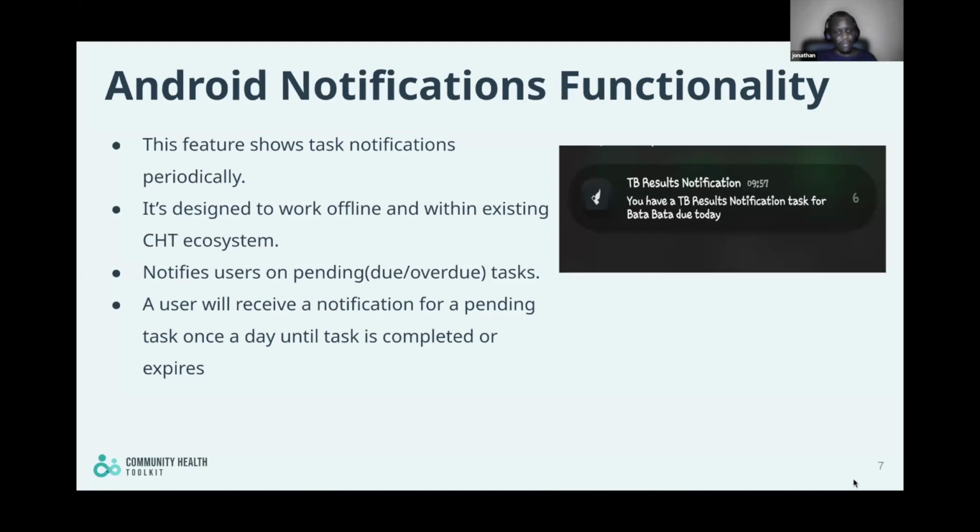Maybe just an upgrade of a couple of technologies is the requirement. The notifications are for pending tasks, that is, tasks that are due and those that are overdue. Users will receive a notification for this type of task at least once a day until the task expires or is completed. Essentially, if it disappears from the tasks page, then the notifications will stop coming.